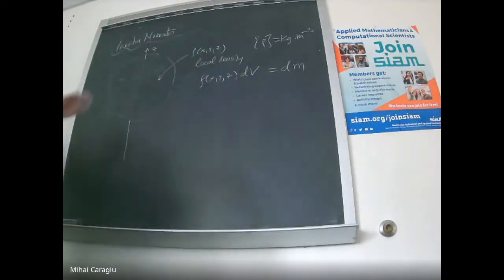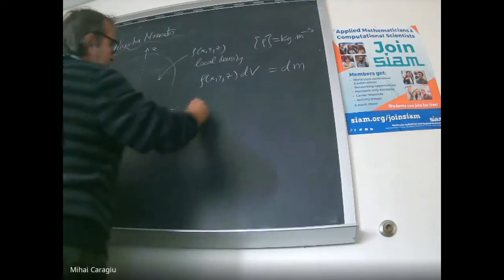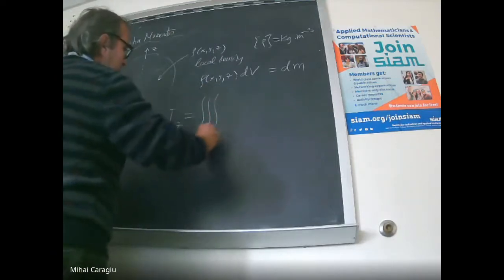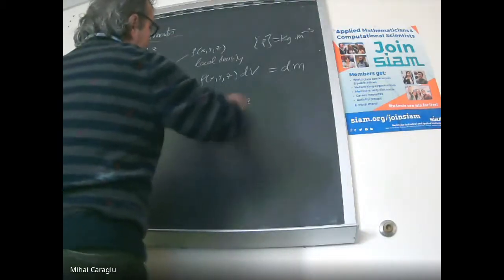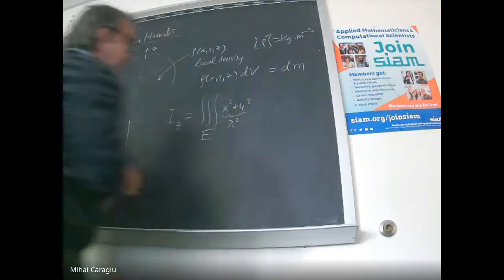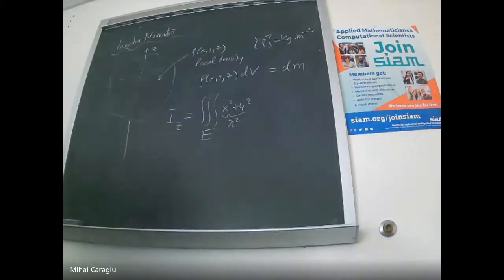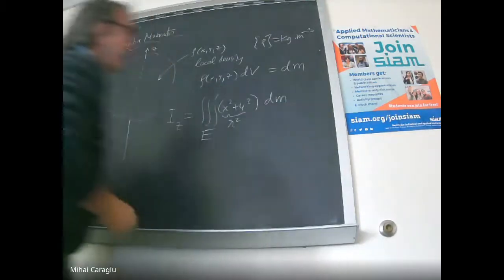Okay, so we get the concept of the inertia moment. I sub z is a triple integral over the solid E of x squared plus y squared, which in cylindrical coordinates is r squared, the square of the distance to the z-axis, dm.